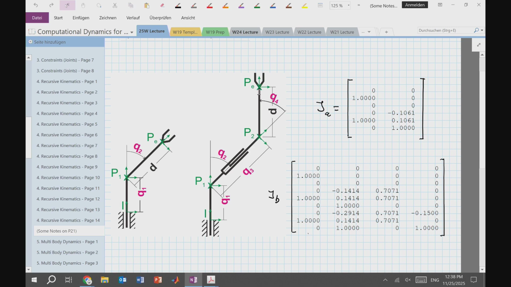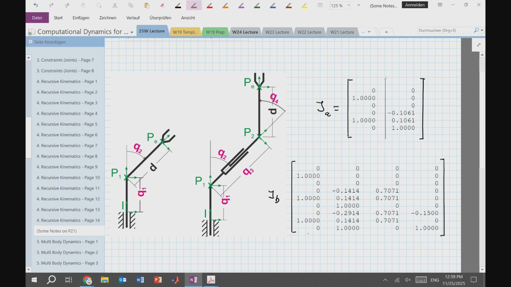Your homework was to compute the explicit constraint functions fc for case A and for case B, and then compute the Jacobians. Those are the results for the Jacobian computation, and I want to show you how to read such a Jacobian again. The important thing is to first identify a block structure.